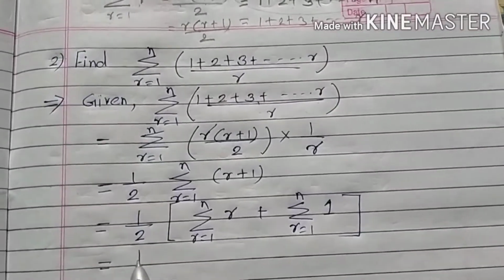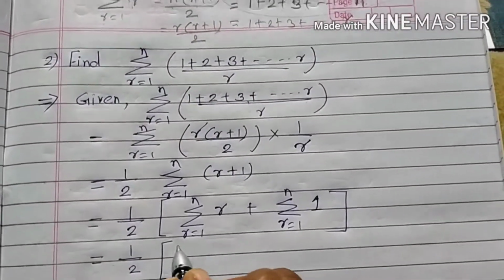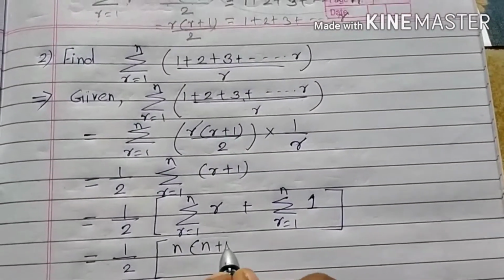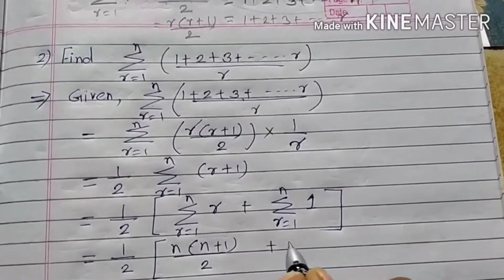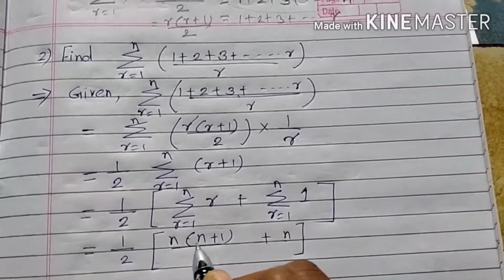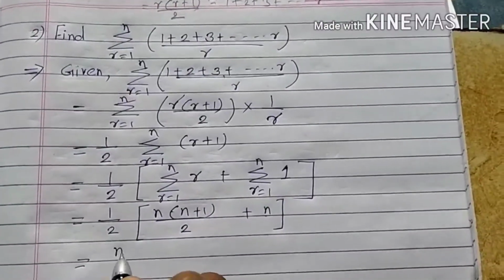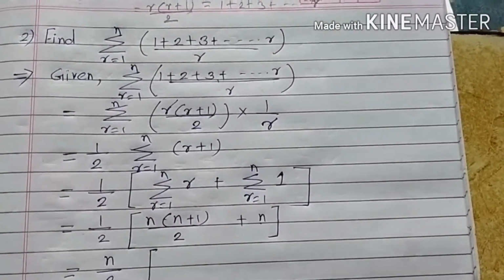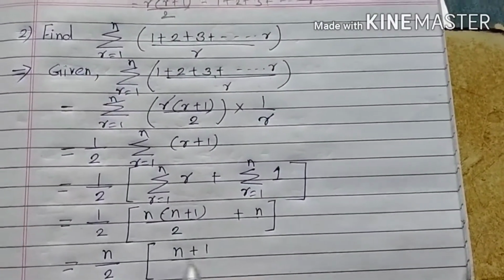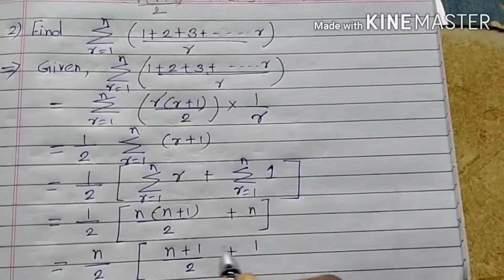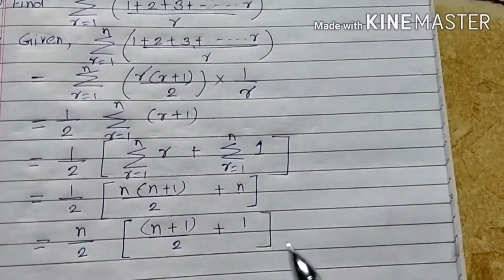So which is equal to 1 upon 2 times n(n plus 1) upon 2 plus n. Take n common, so it is n upon 2 times (n plus 1) upon 2 plus 1. Now cross multiply.